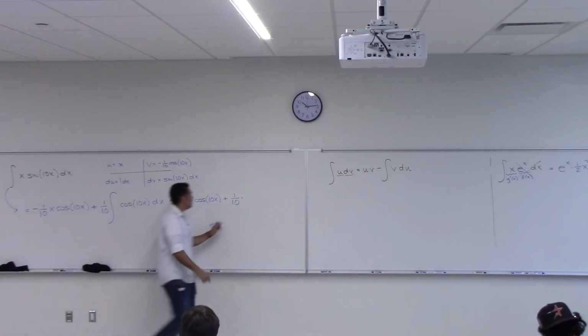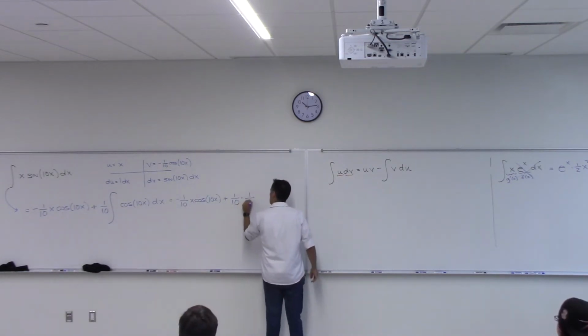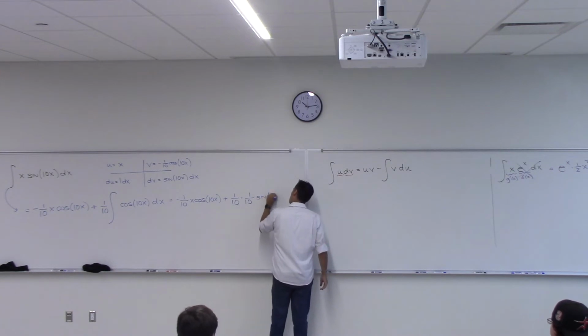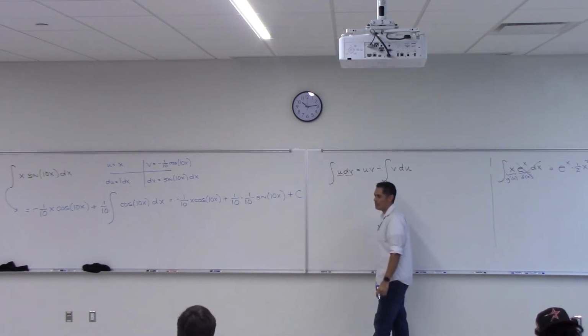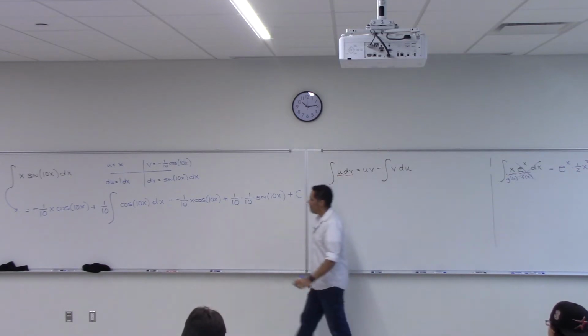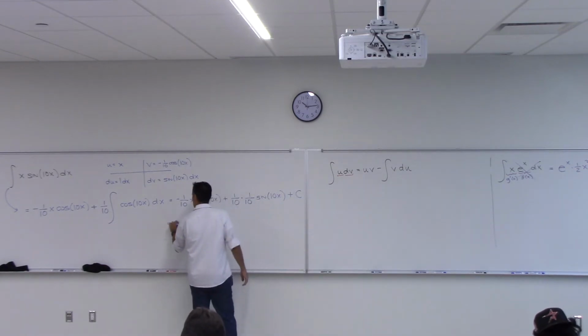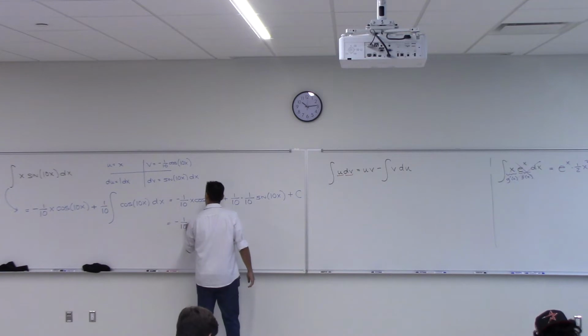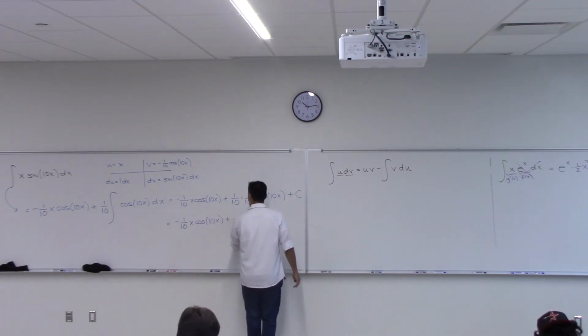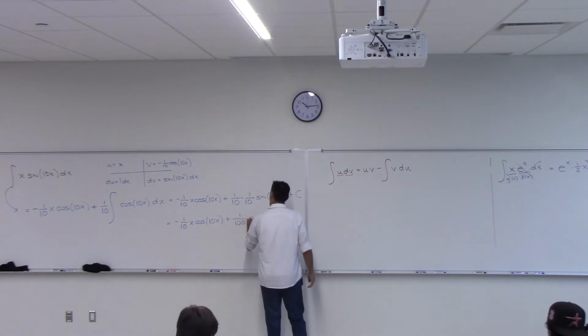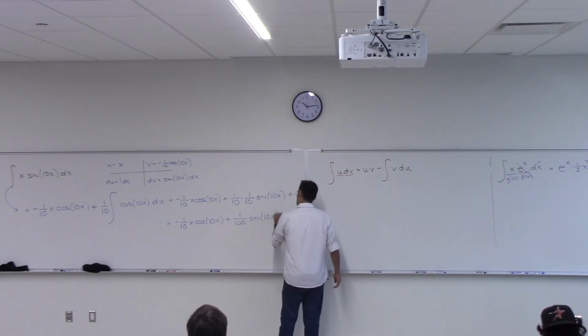And I already had a 1/10 out there, didn't I? Now I say plus c. So the final answer: negative 1/10 x cosine of 10x plus 1/100th sine of 10x plus c.